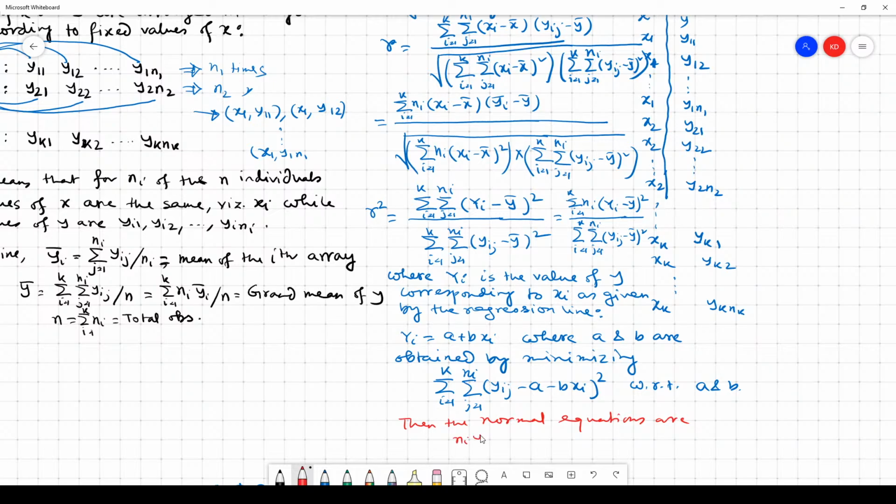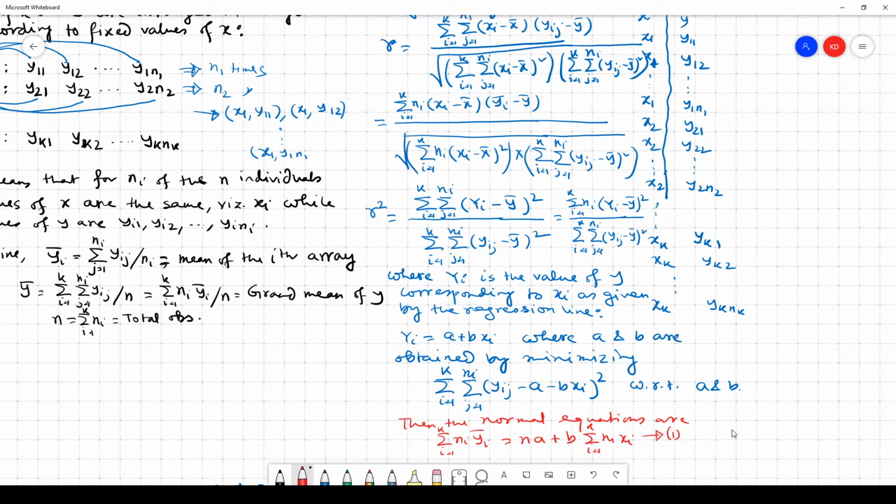sum over i from 1 to k of ni yi bar equal to n into a plus b sum over i from 1 to k of ni xi, and this is equation number 1.